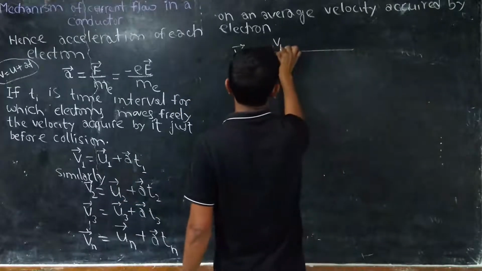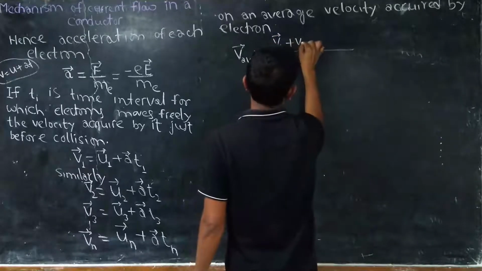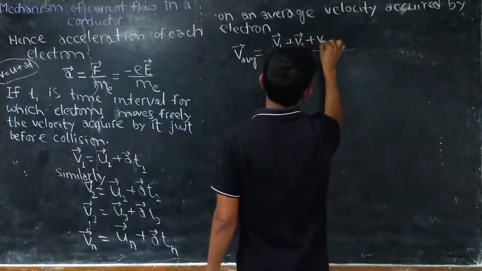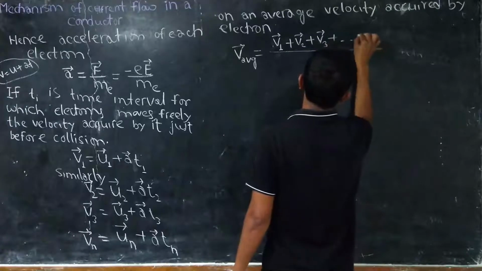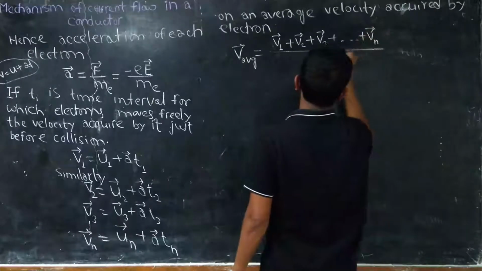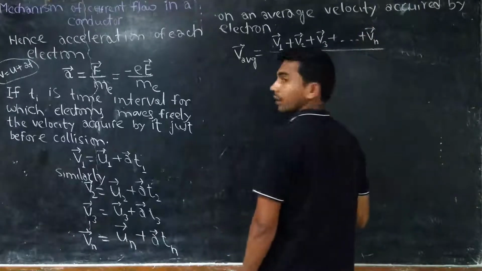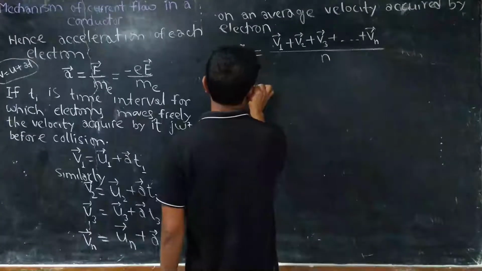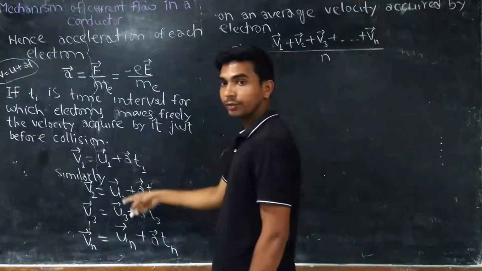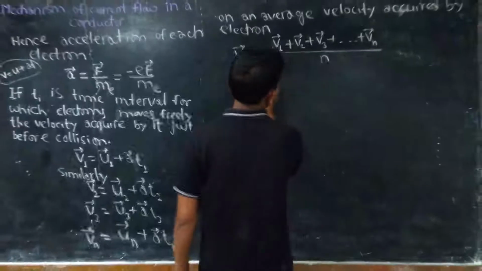So we can write v1 plus v2 plus v3, plus dot dot dot plus vn, divided by n. Now v1 has this much velocity, so we have to substitute that.